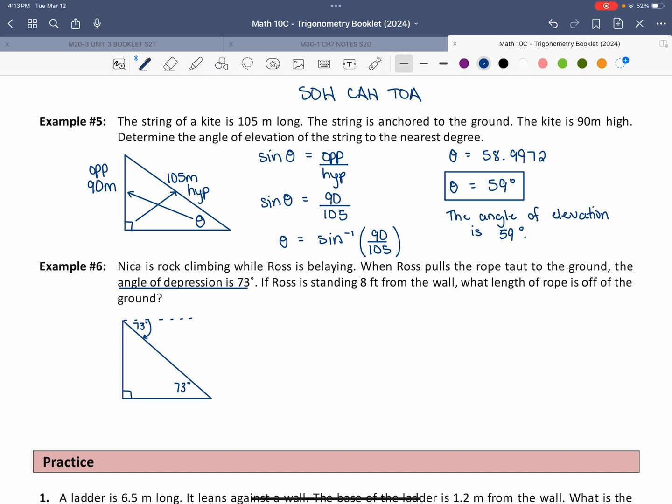So this is also 73 degrees. Let's label the rest of it. If Ross is standing 8 feet from the wall, what length of rope is off the ground? So Ross would be standing here. This is Ross. And the wall would be over here. So the distance between them is 8 feet. We want to know what length of rope is off the ground. The rope is the hypotenuse there.